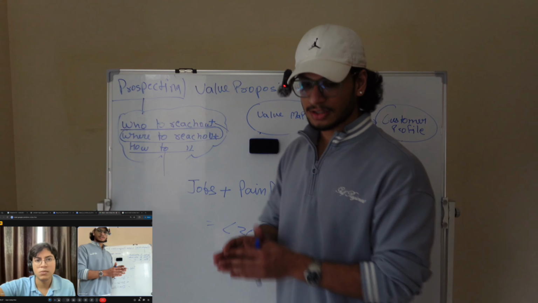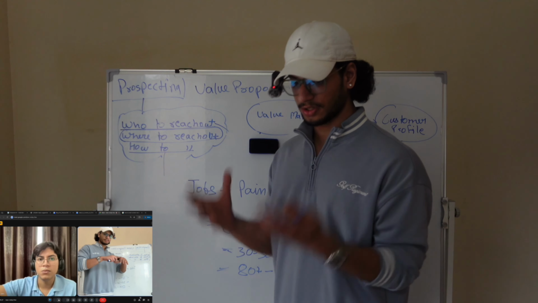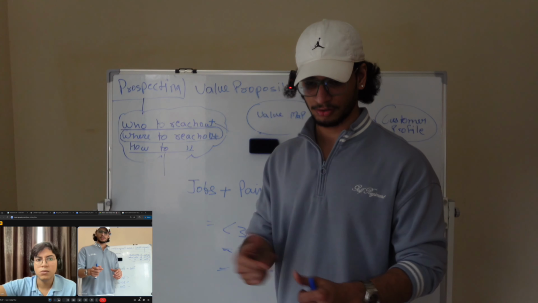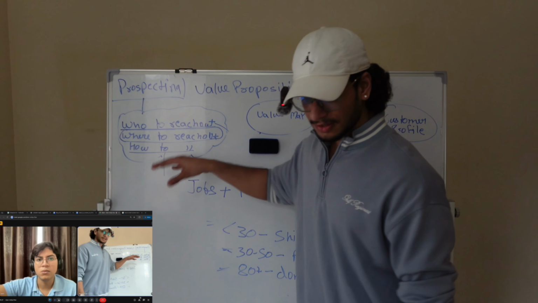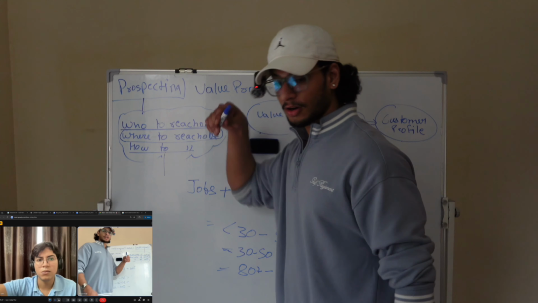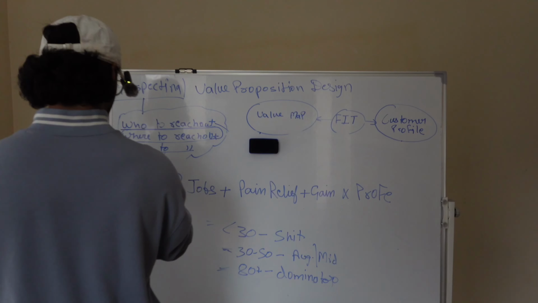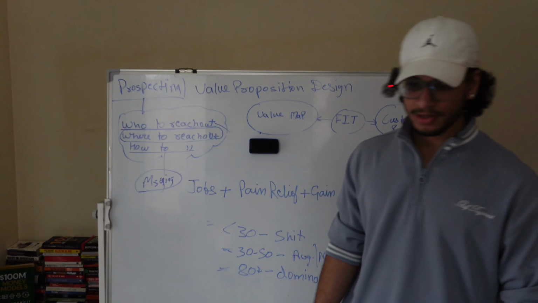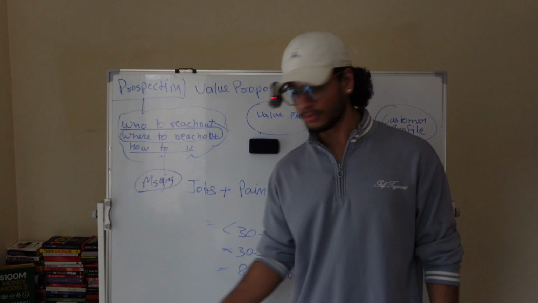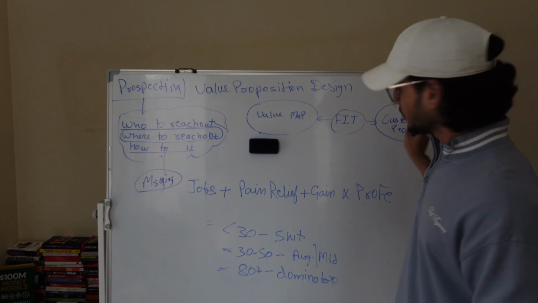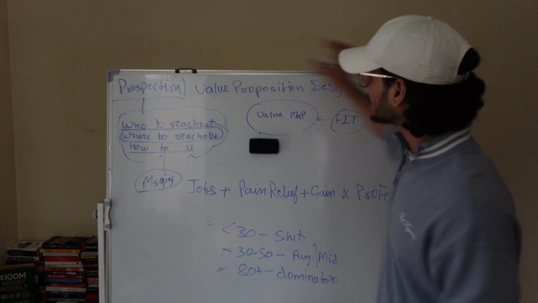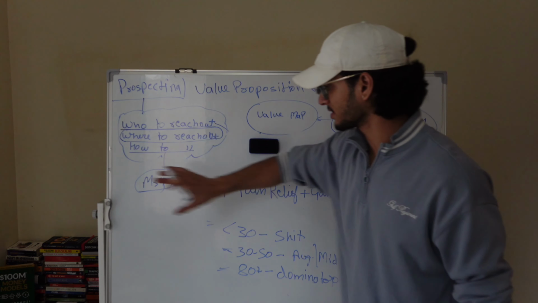How to reach out is just your messaging. How you position that message is completely on you. You record a video, text, email, anything. But what is your messaging? What are you talking about in that messaging? How easy it is to trust you with your messaging would be when it's backed by your customer profile. So the whole understanding of value proposition design is to answer this.